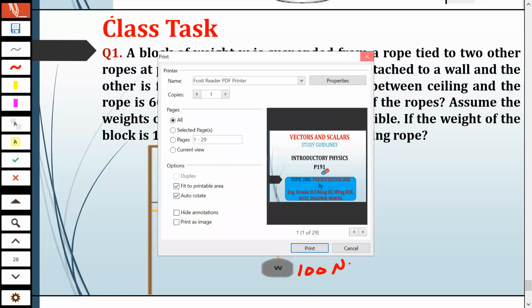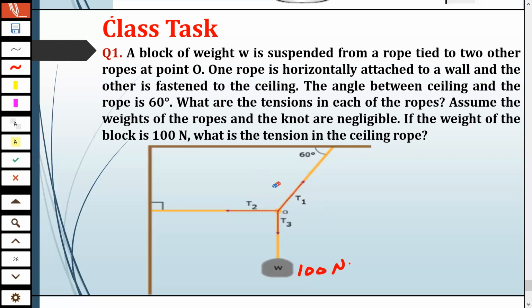We know that this is 60 degrees, and then we can make an angle there, 60 degrees. The reason why I'm doing that is because I want to use this angle to find the tension which is in this rope.